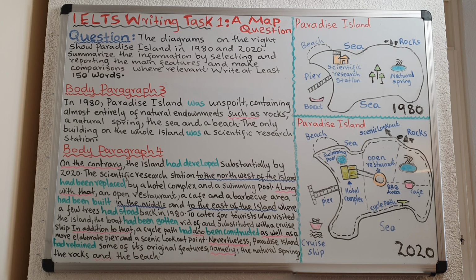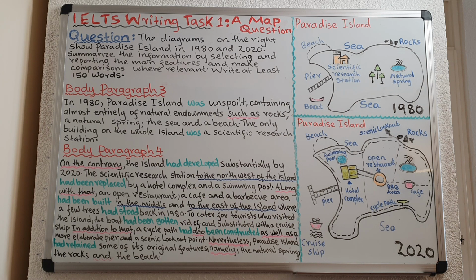Now, you can see the words in green. Paradise Island was unspoiled because that is the past tense. It was unspoiled, meaning that it was not touched or developed in any shape or form.